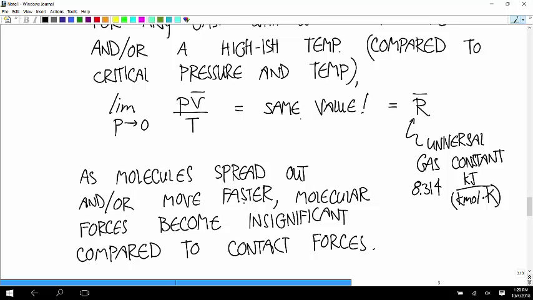If the molecules are moving slowly, the temperature is low. Or if the molecules are really close together, then you start to pick up these molecular effects where when they get close to each other, they try to hang on to each other. When they get too close to each other, they try to repel each other. And those forces become important.